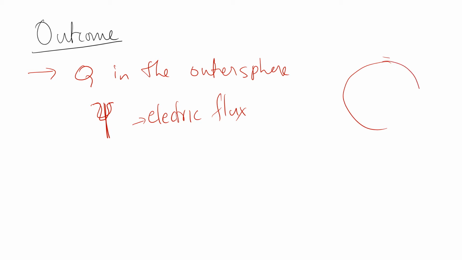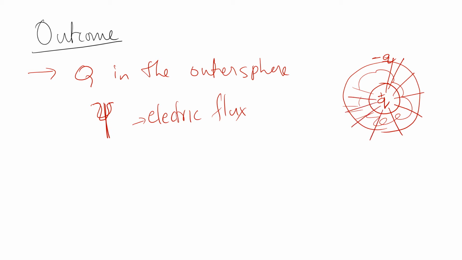If you have an inner sphere like this with isolating material in between, charged plus Q, he observed that minus Q charge is developed at the outer sphere. His observation is that something flows from the inner sphere to the outer sphere through the dielectric material.